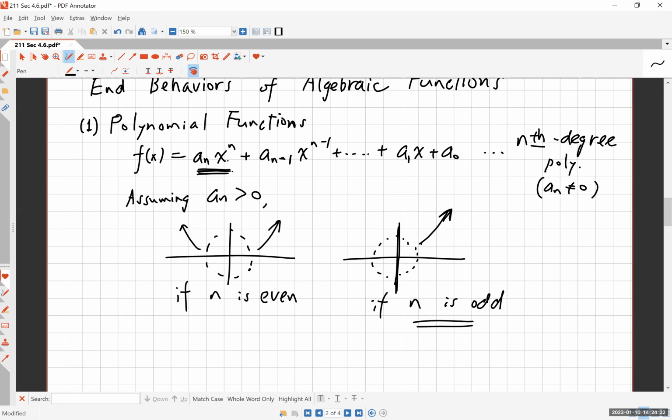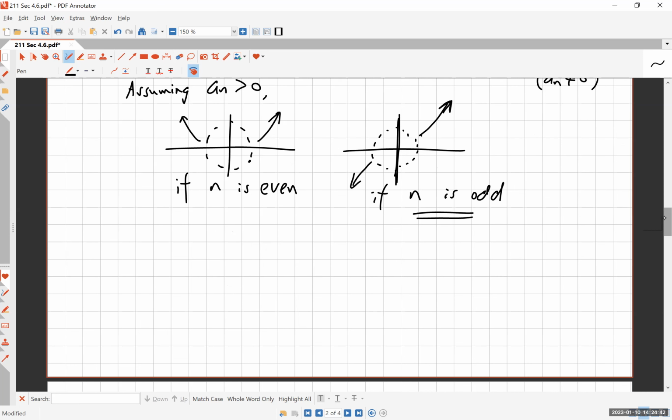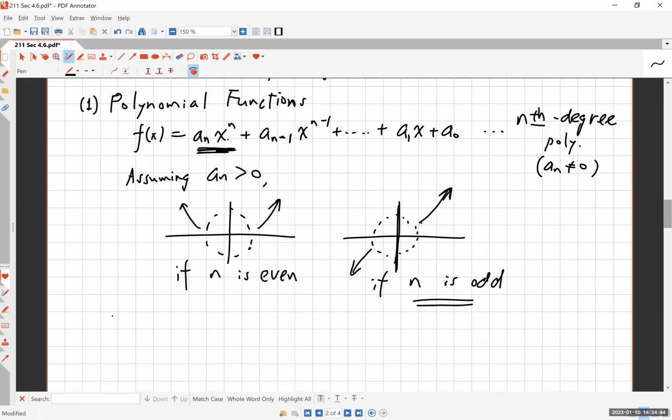And when x is very negative, something like x to the 5th or x to the 9th, when n is odd, is going to give you a very negative number, making the function go down to negative infinity. So that's the end behavior of an odd degree polynomial.